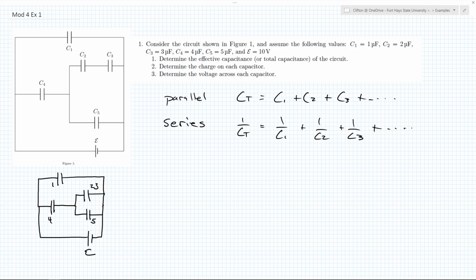Now I need to determine what the effective capacitance of this capacitor C23 is. And that is going to be the sum of the inverses. Well, I guess the effective capacitance will be 1 over the effective capacitance is going to be 1 over C2 plus C3. That means that the effective capacitance is going to be the inverse of that.